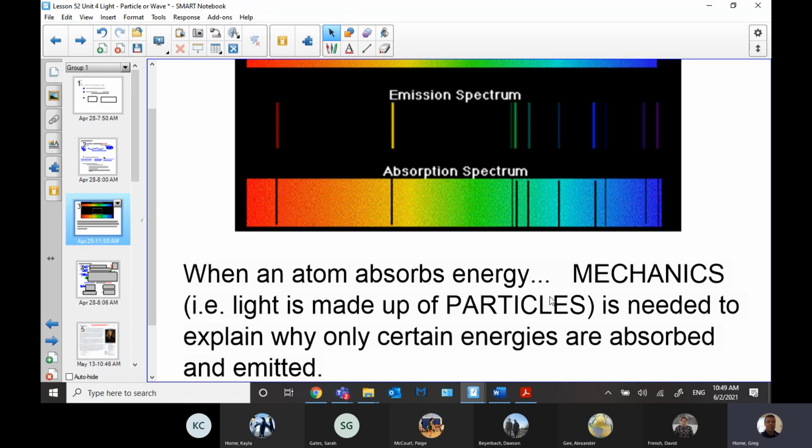So the way atoms absorb energy is very mechanical. You'll see details of it later on, but it really does behave like light is made up of particles. If you're describing emission and absorption in spectrums, it turns out that the particle nature of light is really needed to describe that.